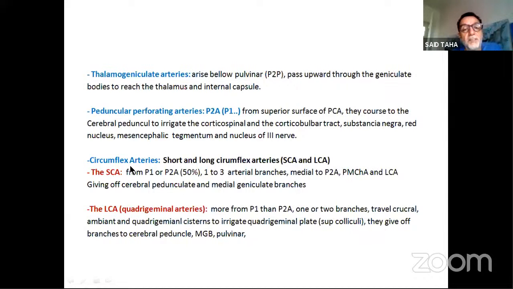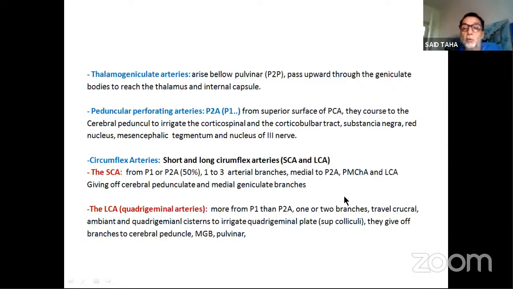And the circumflex arteries, we have two: short and long circumflex arteries. The short circumflex arteries arise from P1 or P2 in 15% of cases. They are formed by 1 to 3 arterial branches.